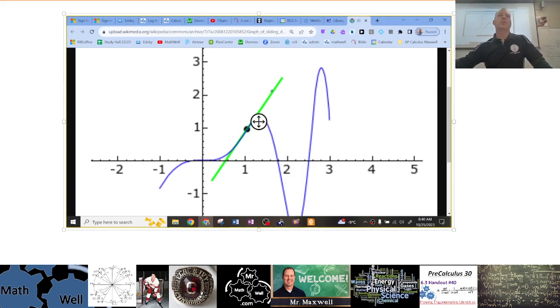Someone said positive, someone said increasing. Notice that the slope of the derivative coming up to this point, it's actually decreasing. It's getting smaller and smaller as it gets close to this maximum point. So the derivative is not increasing. The function is increasing, getting higher and higher. The derivative is actually decreasing.